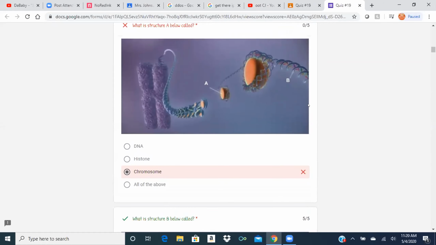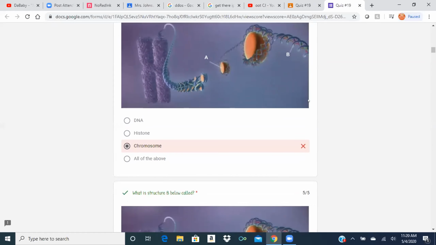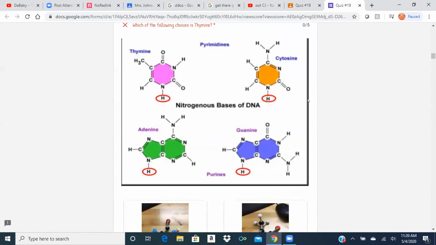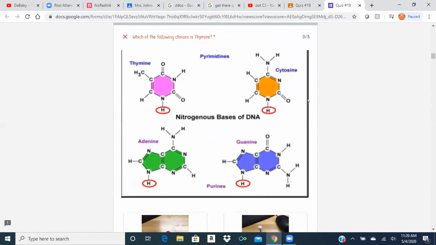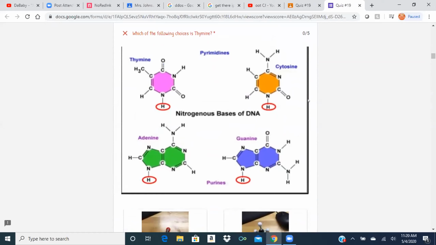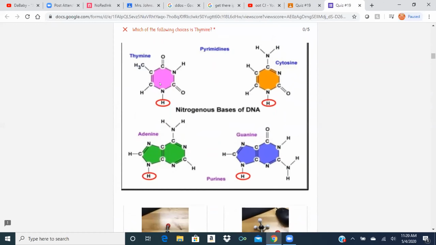Here we go. What is the A below? That is the histone. Yes. Which of the following choices is the structure being shown?